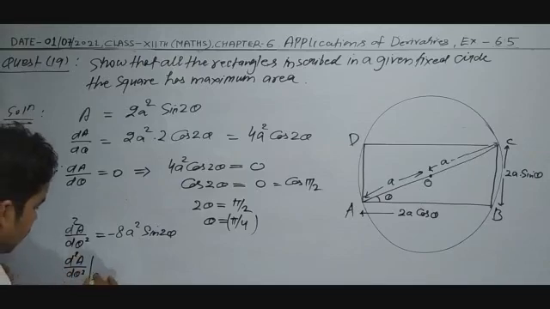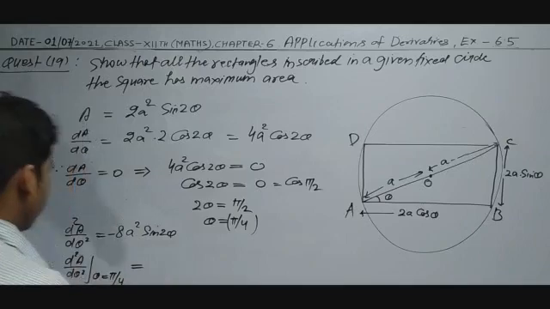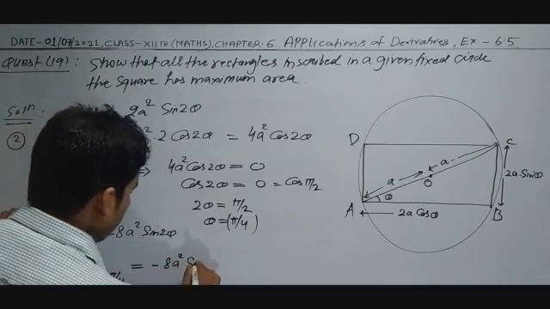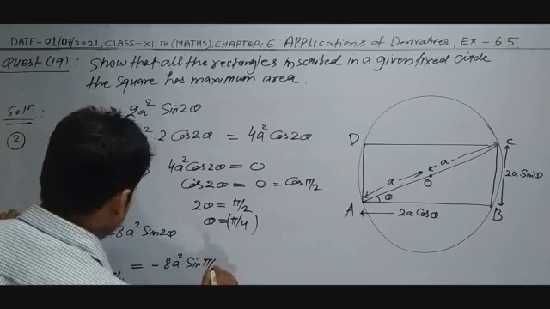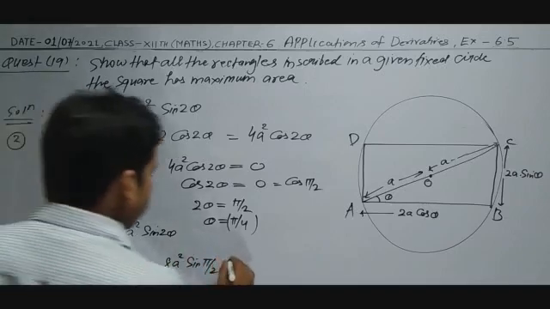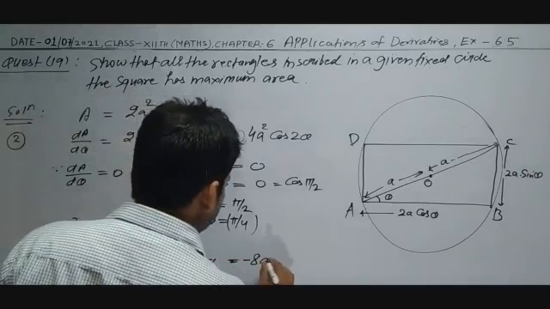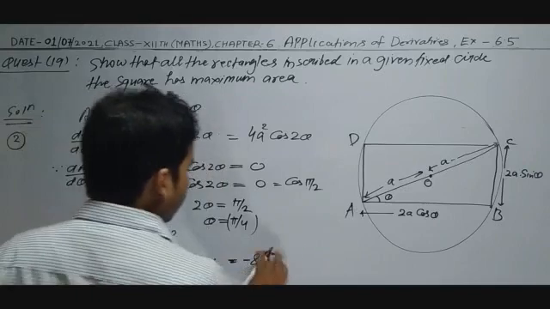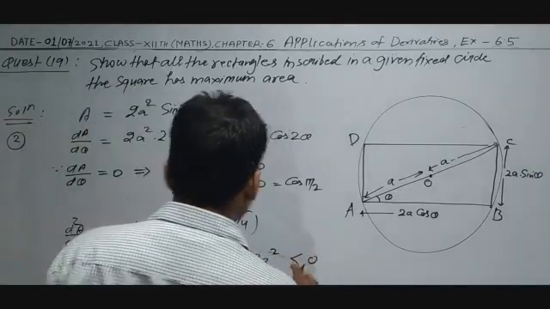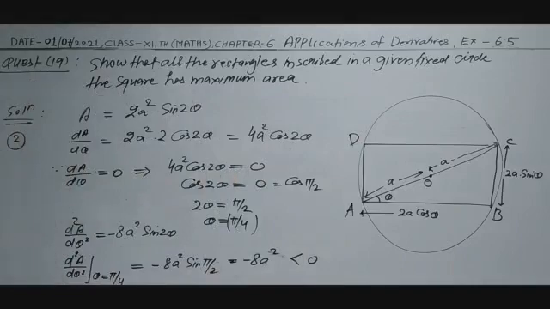At theta is equal to pi by 4, you will get minus 8a square sin pi by 2, since pi by 4 multiplied by 2 is pi by 2, and this result will be minus 8a square. Minus 8a square means this is less than 0. Less than 0 means the area is maximum.